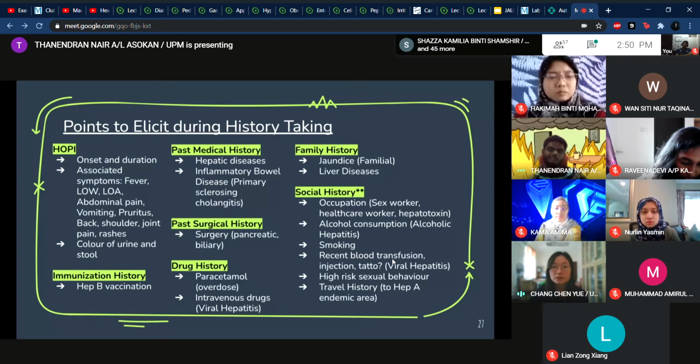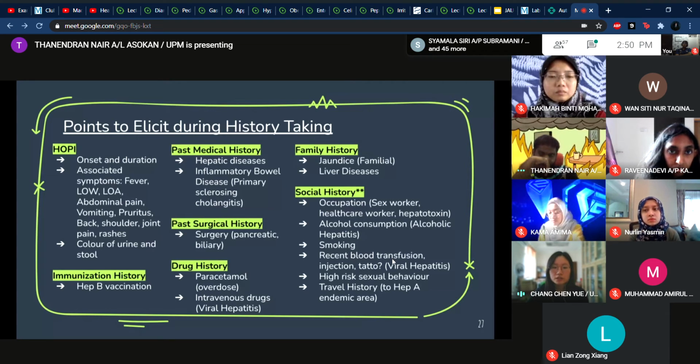About her past medical history, we can ask if she had any hepatic disease before, and also inflammatory bowel disease, which may contribute to primary sclerosing cholangitis. And for past surgical history, did she receive any recent surgical procedure that may be related to her pancreas or biliary ducts?